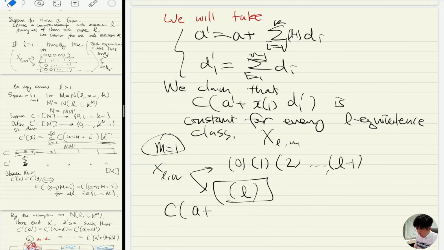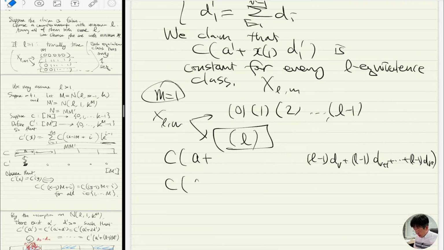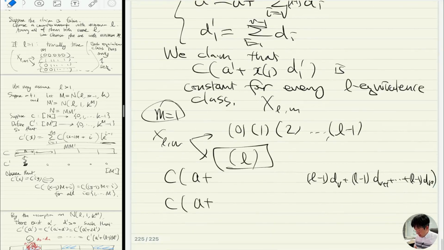So L minus 1, d_v, L minus 1, d_{v+1} up to L minus 1, d_k. That's one instance. And then if it's 1, what I am doing is d_1, d_2, and d_{v-1}, and then same thing.